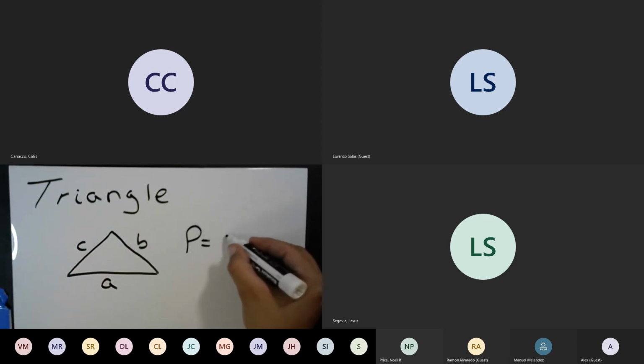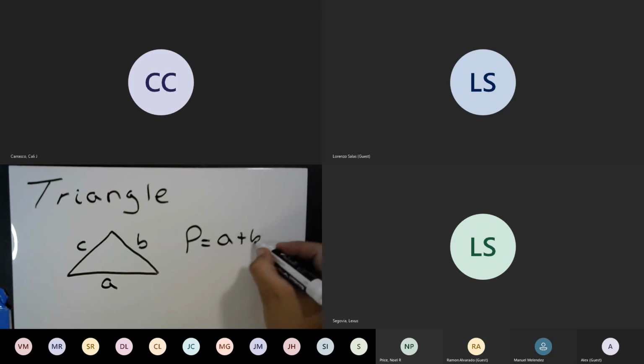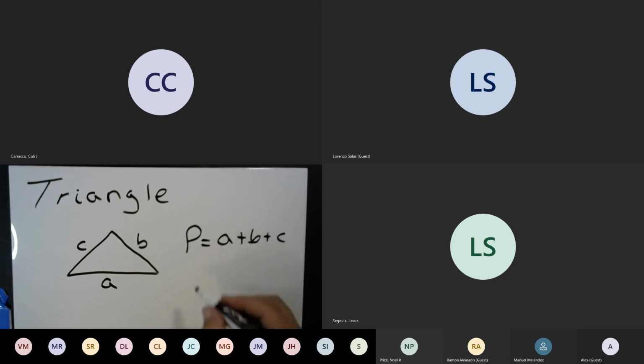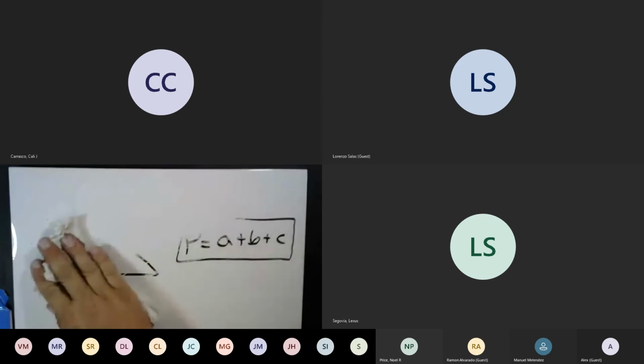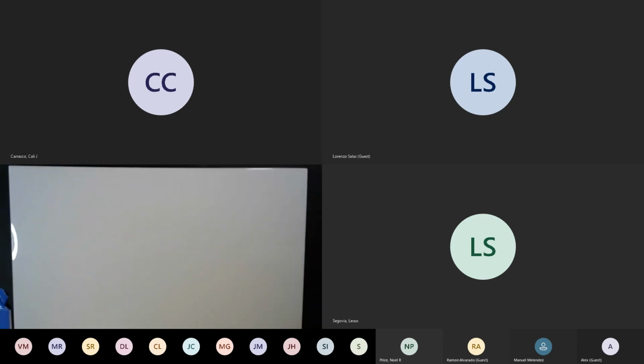Well, you add those up to get the perimeter. Perimeter is A plus B plus C. And that's it. That's the best we can do. It doesn't reduce down or simplify, and we can't combine any like terms because each of those lengths could be different.